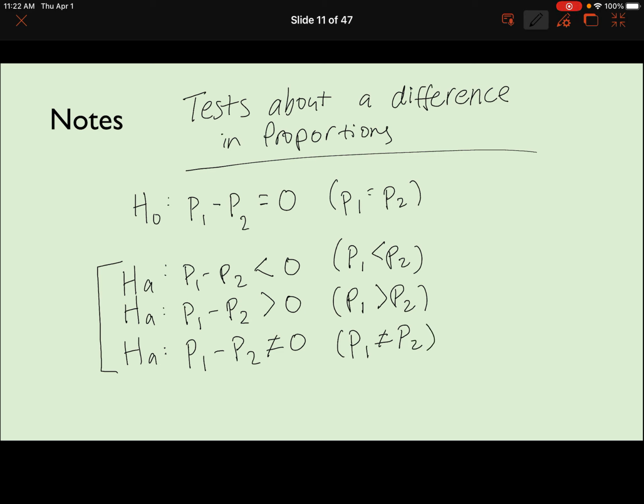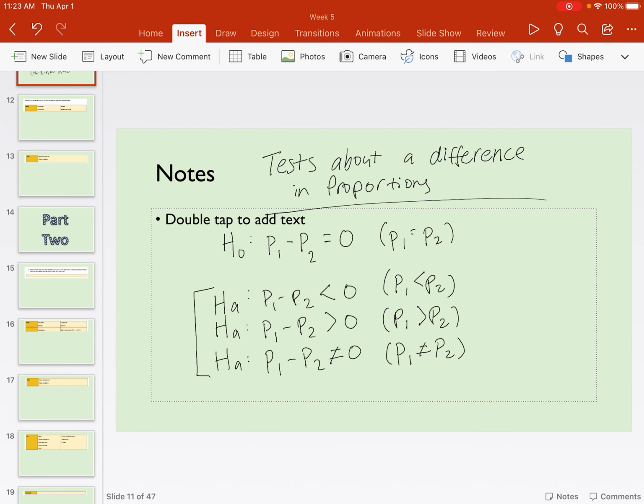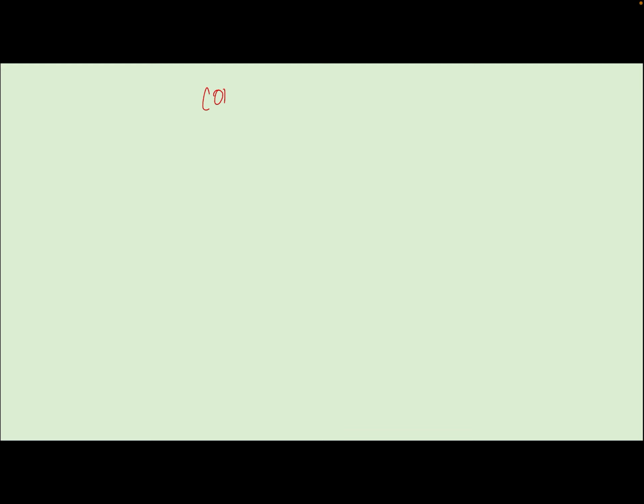All right, so a couple things to check when you're conducting tests about a difference in proportions. Just need to insert another slide. And these should look familiar. It's the same conditions we've been working with for a while, but there's just a couple things to keep in mind here.